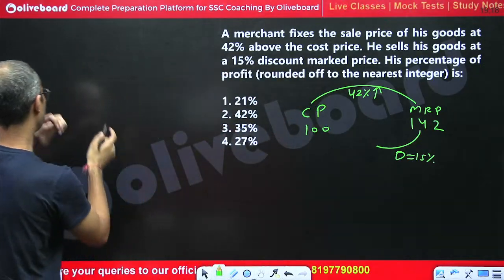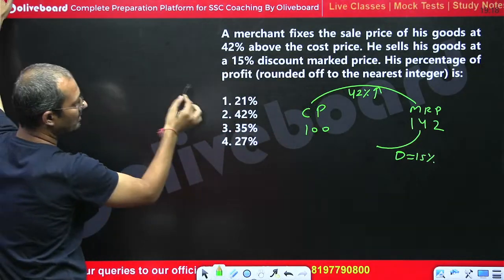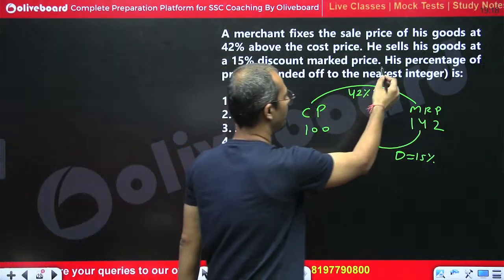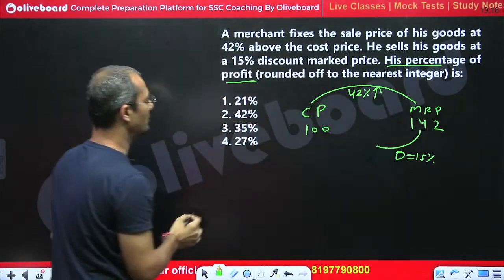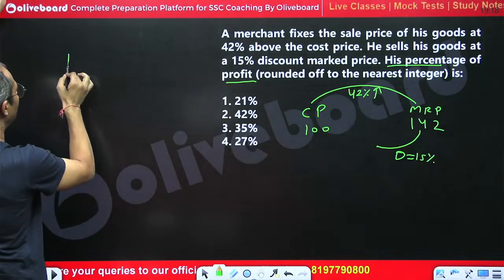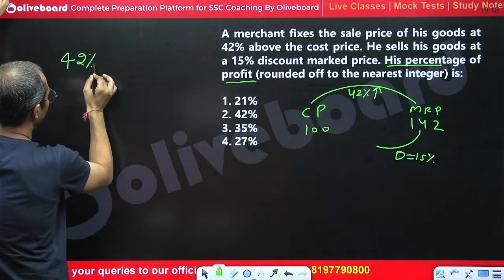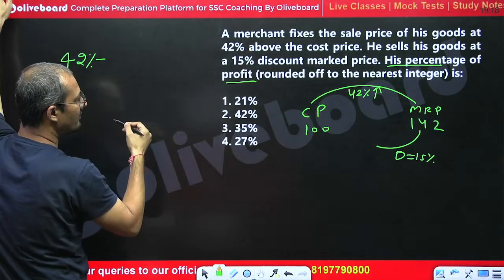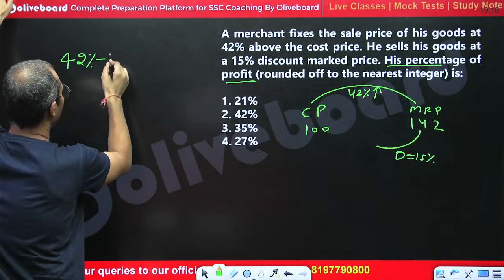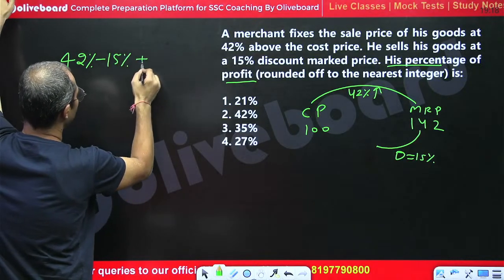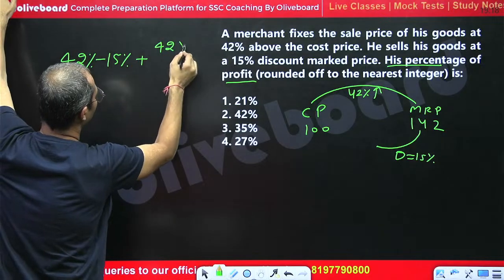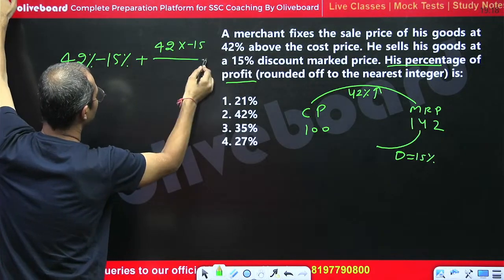So directly we can say that now we have to calculate the percentage profit, right? So we increase the value by 42%, then we gave a discount of 15%, right? So plus 42 minus 15, minus 42 into 15 divided by 100.